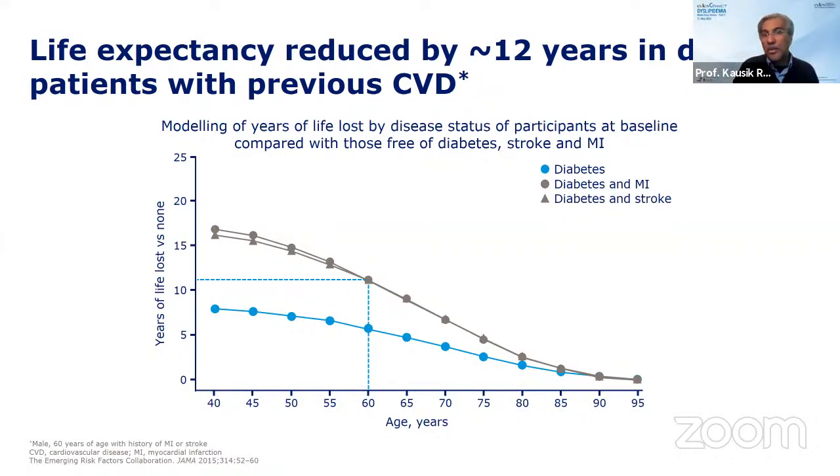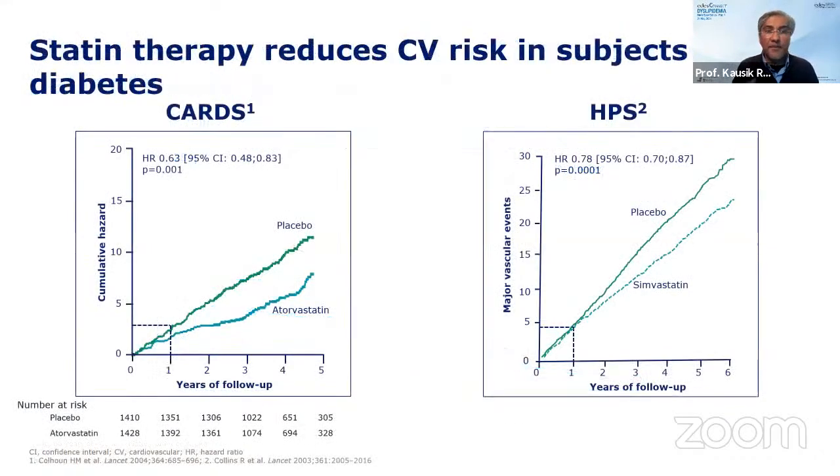So we need to claw those years back, which means this patient aged 40 has to be treated way more aggressively than somebody aged, let's say, 85 who's had diabetes and just recently diagnosed and happens to have had a heart attack, if we're thinking about life years gained.